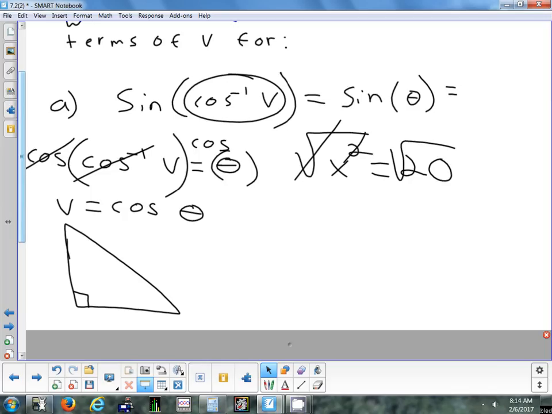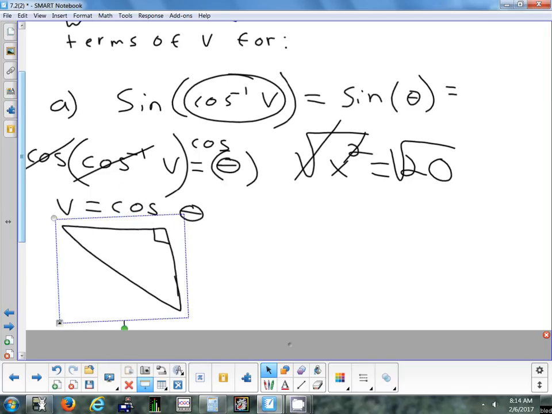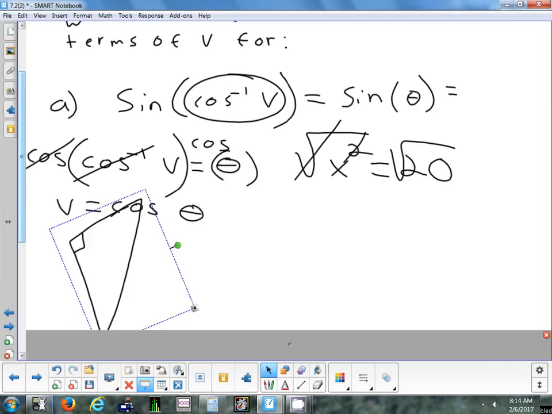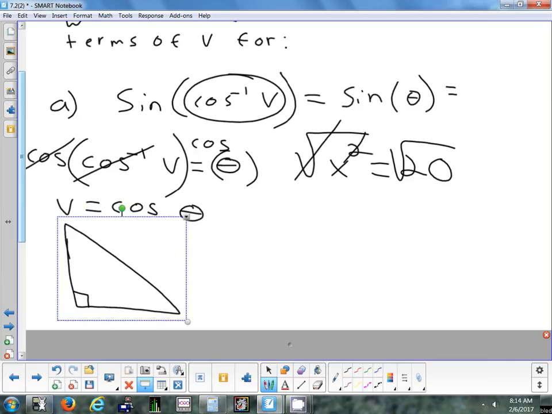Well, putting theta in different spots is basically just like taking this picture and turning it. So it doesn't really matter where you put theta, because if you put it at the bottom, somebody could just take the piece of paper and flip it, and now theta's at the top. They're just looking at it a different way. So I'm going to put theta here. But if you want to turn that triangle around and pretend like it's on the bottom, you could do that too. It doesn't matter.